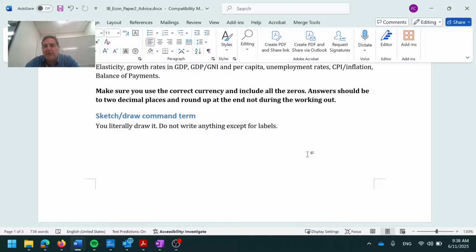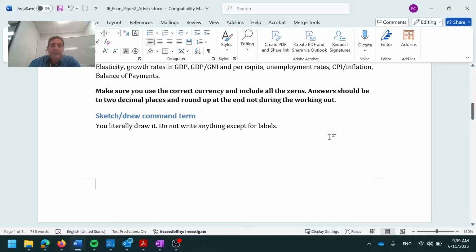Make sure you put that sign in, and also make sure you include all the zeros. Calculation should always end in 2 decimal places, and in terms of rounding up, I would round up to 2 decimal places at the end rather than doing it throughout your working out. So do it at the end, not during the working out.